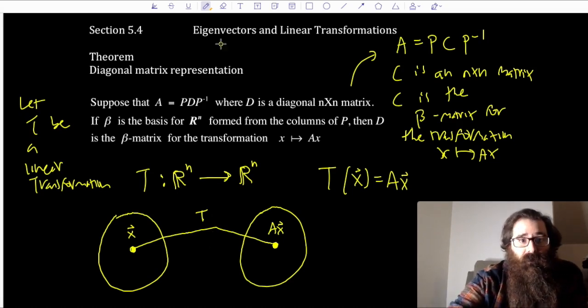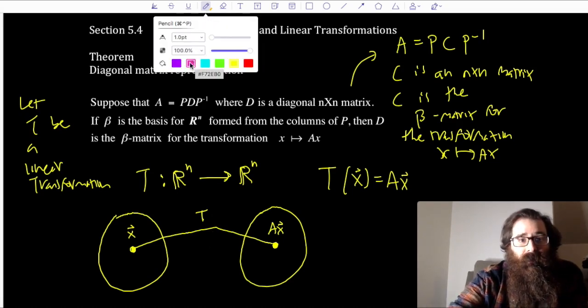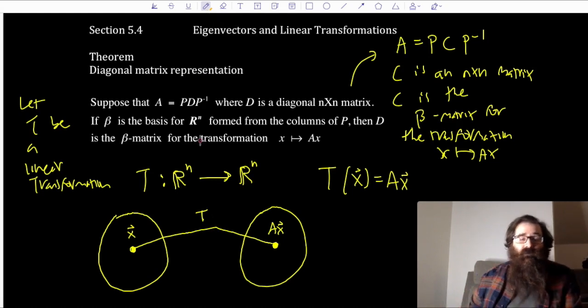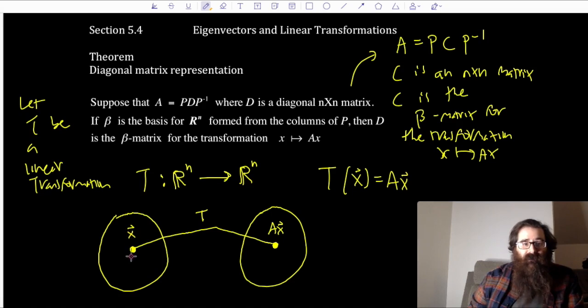However, this is nice. We like this because it is in reference to a standard basis and a standard coordinate system. I don't have to describe these same things in a standard basis and a standard coordinate system. In fact, I could represent this same exact vector x in a non-standard basis and in a non-standard coordinate system.